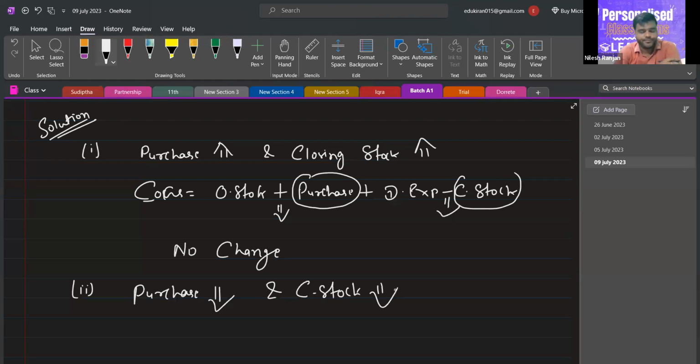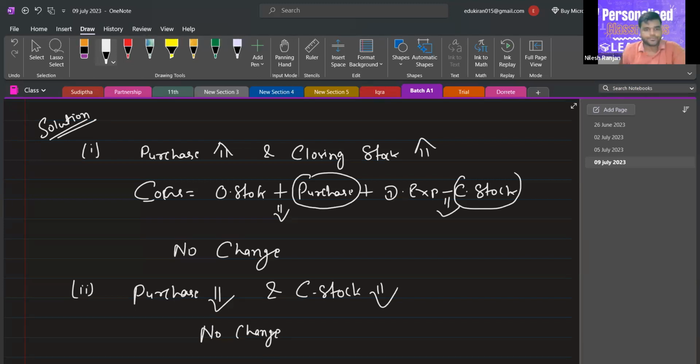When you buy goods, then purchase increases and closing stock increases. But when you return the purchased goods, your purchase will decrease and closing stock will also decrease. Okay, sir. So what will be the impact? No change. Very good.